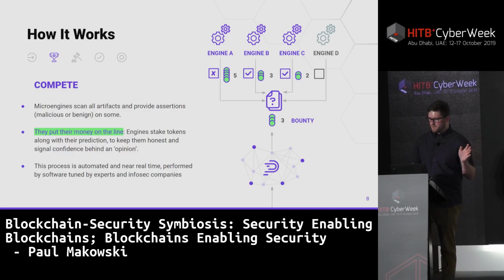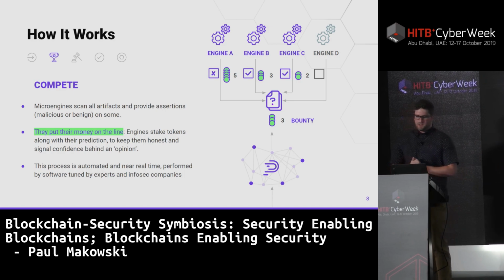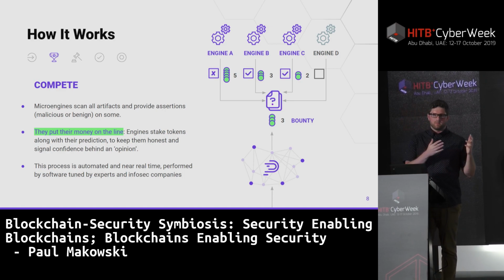Basically what happens on PolySwarm is it's an economic competition where antivirus engines compete to detect malware. An enterprise customer might upload a piece of malware and engines weigh in saying, I think this is malicious or I think it's benign. And they actually stake a certain amount of tokens along with that response.